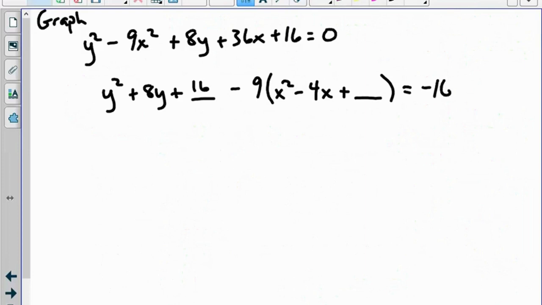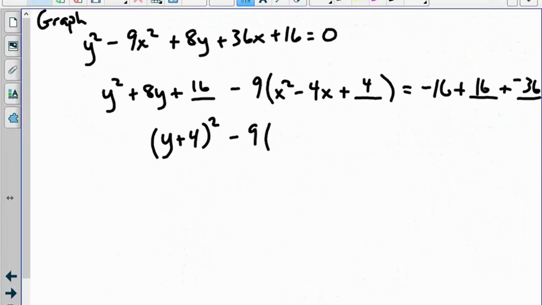Then we're going to subtract the 16 over and add a couple things. So we're adding 16 and we are subtracting, notice that we have a minus sign, 36. So we have y plus 4 squared minus 9 times x minus 2 squared equals negative 36.